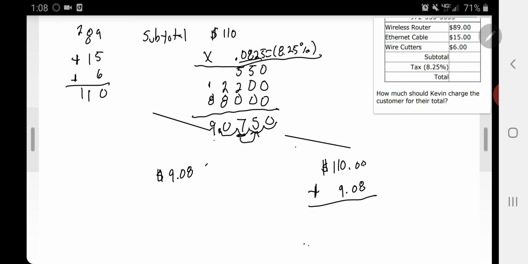So the customer will need to pay, well, 0 plus 8 is 8. 0 plus 0 is 0. Bring the decimal down. 0 plus 9 is 9. And of course, just bring the 1 down and the 1 down. So the customer will have to pay $119.08.